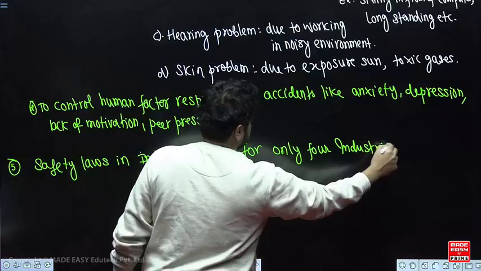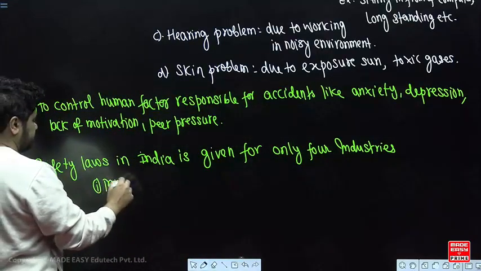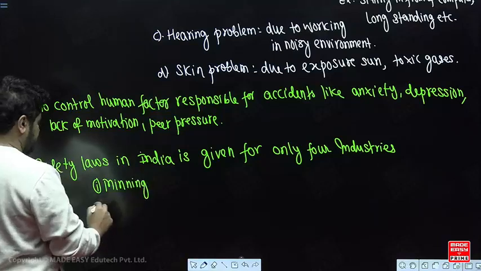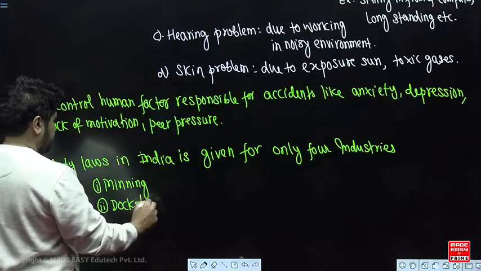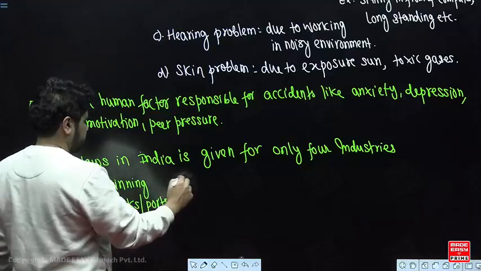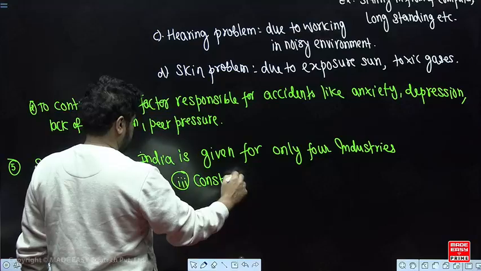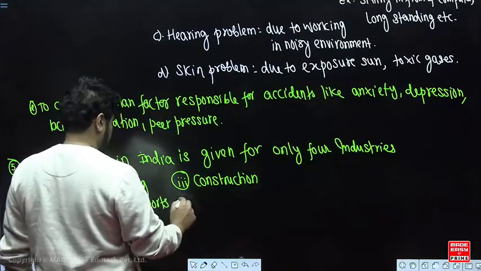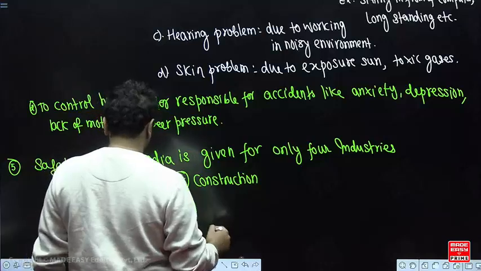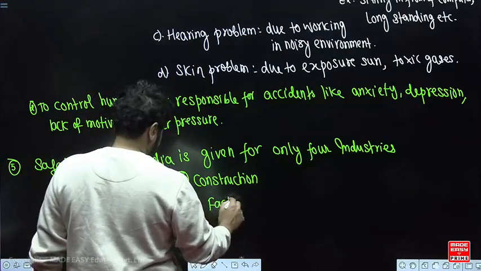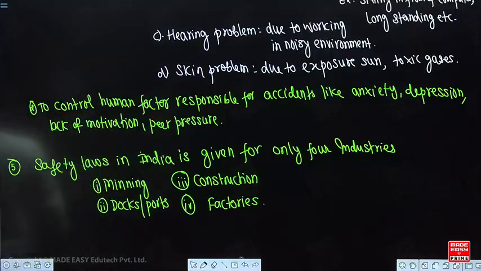What are those? The first one is your mining, second one docks and ports, docks या फिर ports, third construction, fourth factories, right. So this is your chapter number 1.